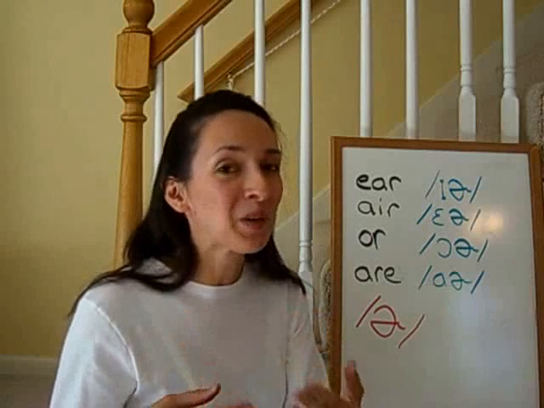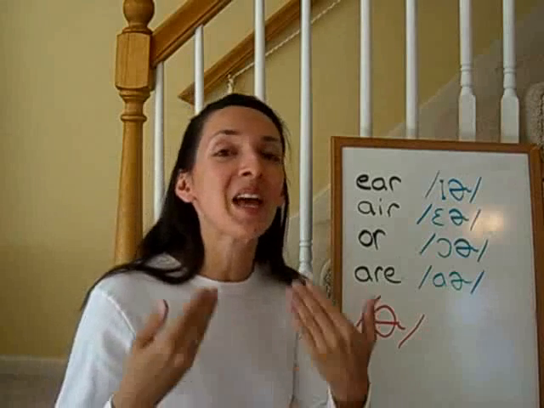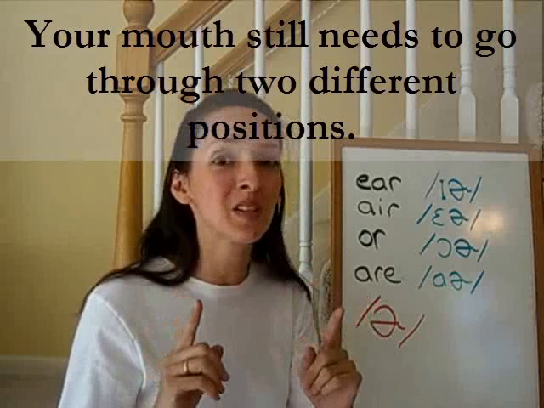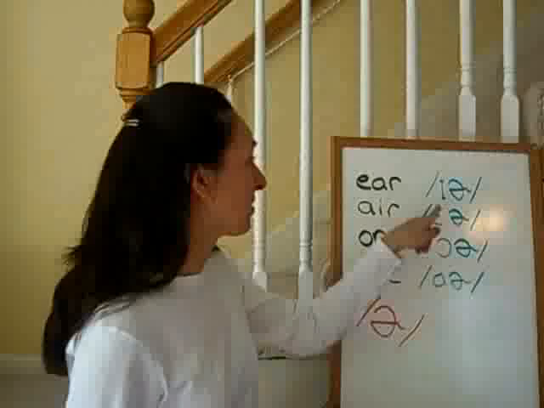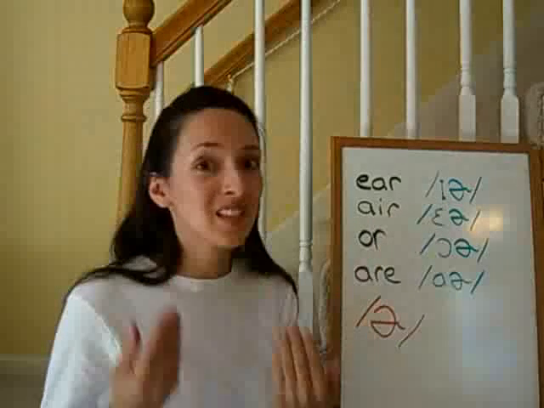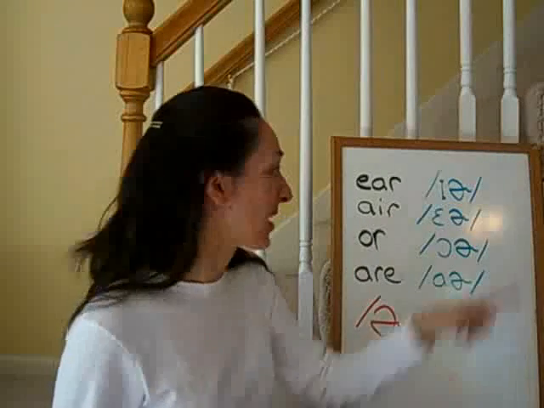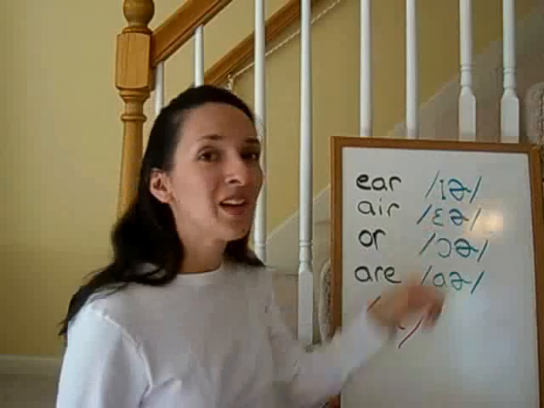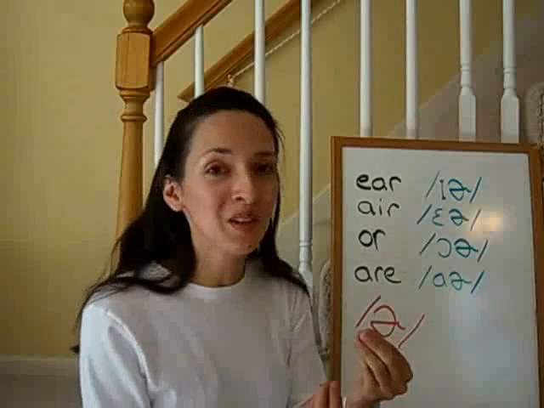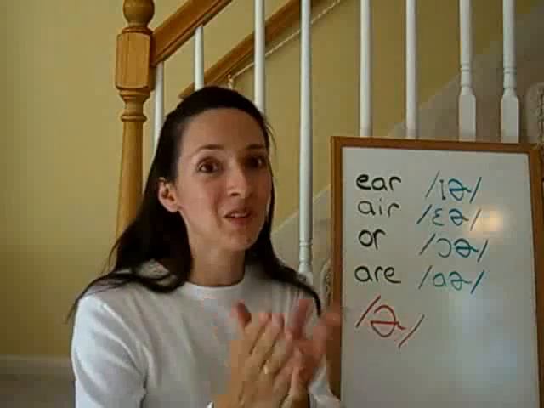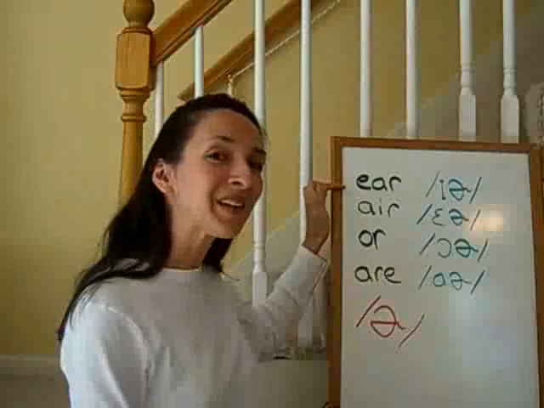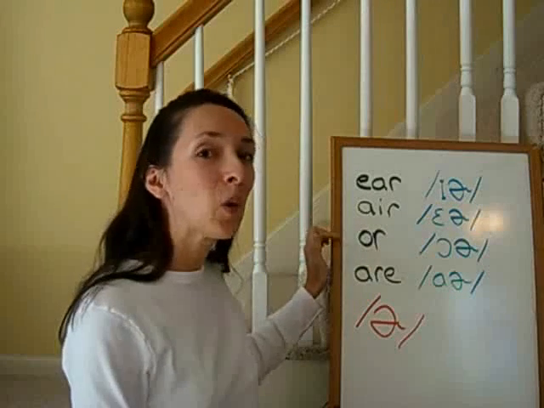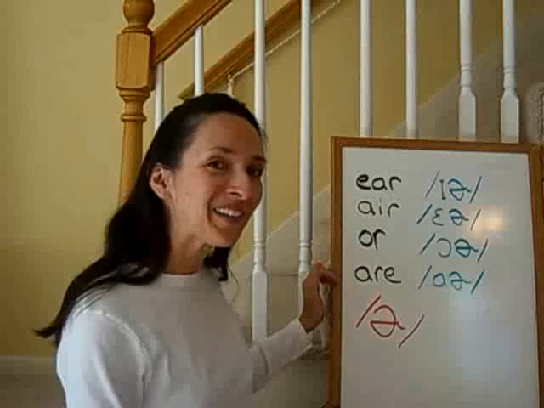But what is happening in order to make this vowel sound is that your mouth is taking two different positions: the first position for the first vowel sound, and the second position for the second vowel sound. But you need to make it smooth enough so it becomes one sound and fits in one syllable. Again, ear, air, or, are.